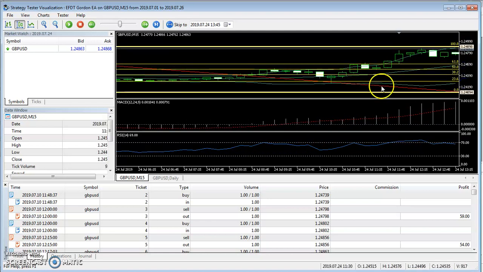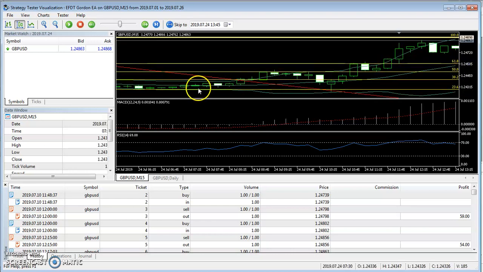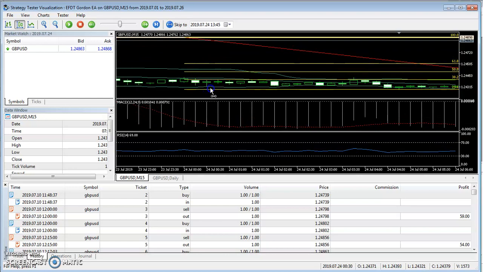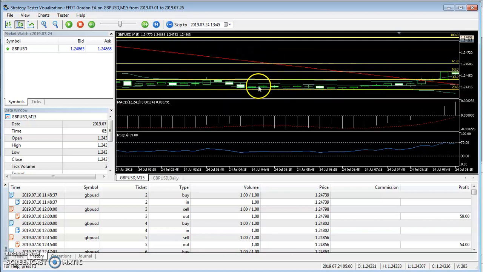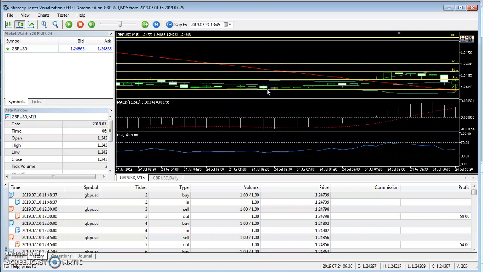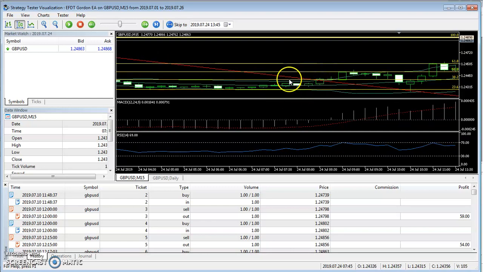And you notice that the trend has the Fibonacci 23.6 line as support, unable to cross it throughout the day, and finally it reverses and it crosses this Fibonacci line 38.2.